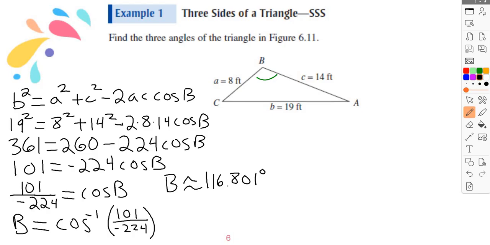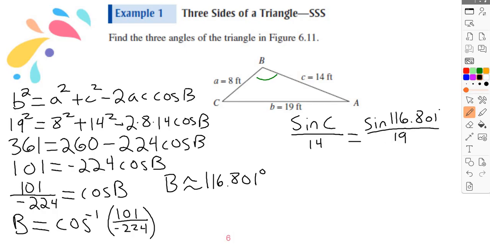Sure. So again, I'm using law of sines this time, so I'm going to have sine of big C over 14. I have to use my B's because that's the only angle that I have right now. So I'm going to have sine of 116.801 divided by 19.